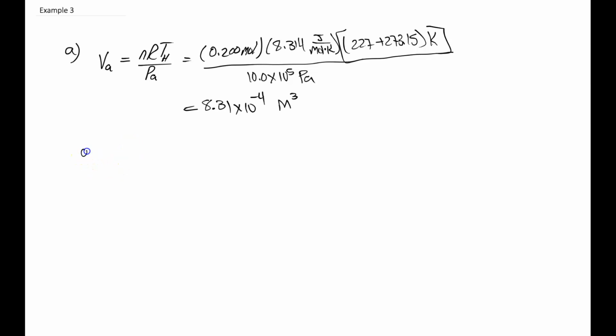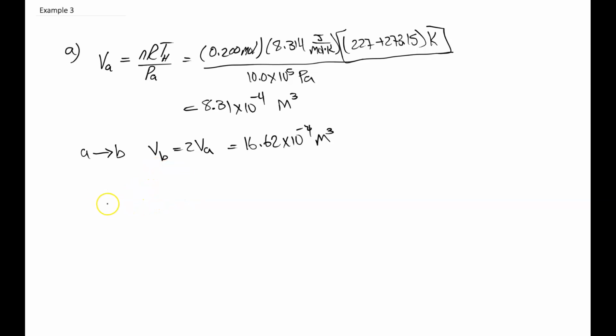And in process A to B, we know that volume at B is twice the volume at A, so that's going to be 16.62 times 10 to the negative 4 meters cubed.